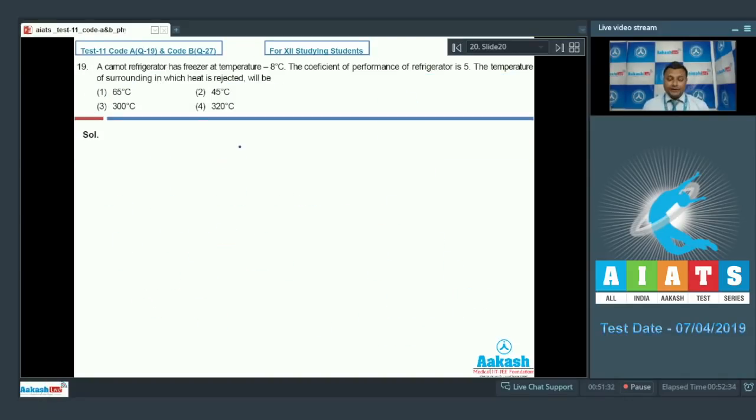This is question number 19, everyone. A Carnot refrigerator has freezer at temperature minus 8 degrees centigrade. The coefficient of performance of refrigerator is 5. Then the temperature of surrounding in which heat is rejected will be what? We know very well for Carnot refrigerator, the coefficient of performance is given by T2 upon T1 minus T2.